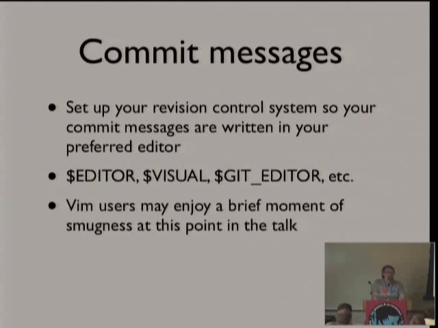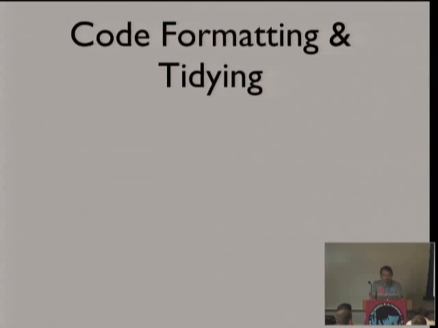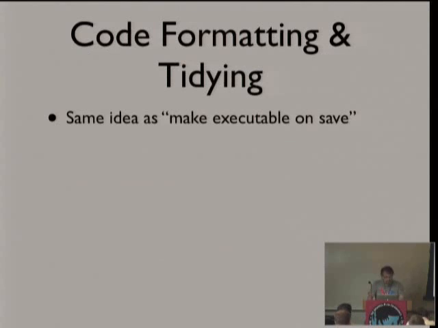Vim people can go, well, that doesn't happen for everybody, because Vim is the default editor on most Unix systems. Emacs people, there's this thing called Emacs client. So basically what you can do is pop up a new instance of your editor that's in the same running session as you have open in your Emacs. Which is really nice, because then you can look at the code that you're committing and use that to write your commit message.